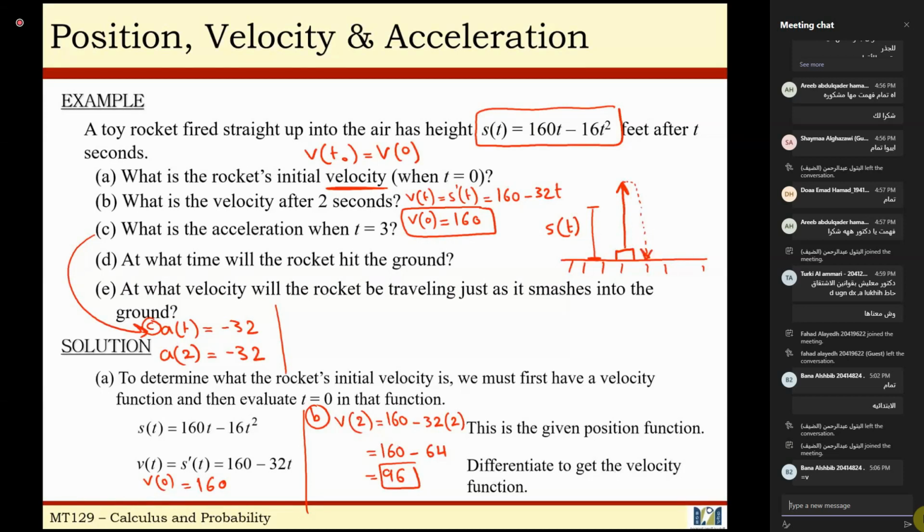When it hits the ground, the distance reduces to 0, so s of t equals 0. The distance between the rocket and the ground after it returns and hits the ground equals 0. This concludes s of t equals 0.